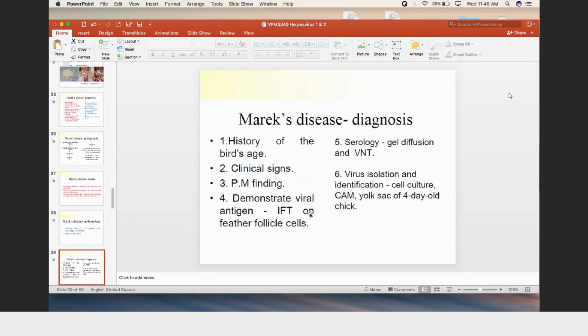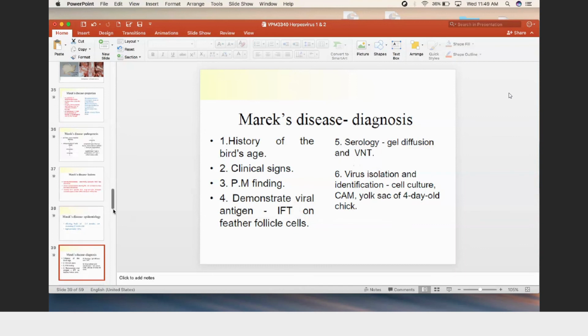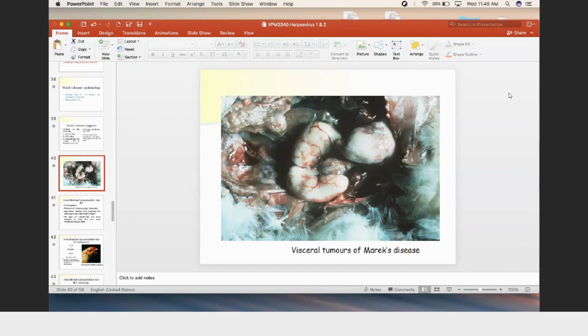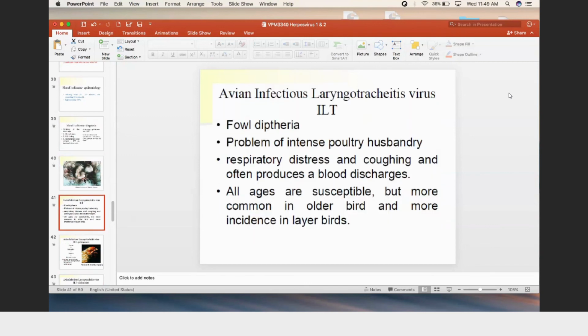You need to do immunofluorescence test, serology to see virus neutralization test, and virus isolation by culture, and then use of CEM and USAC of 4DO for testing. So this shows enlargement of the visceral organs, including the intestine.